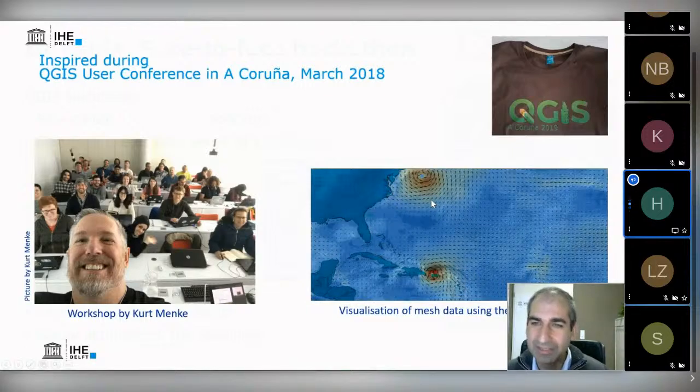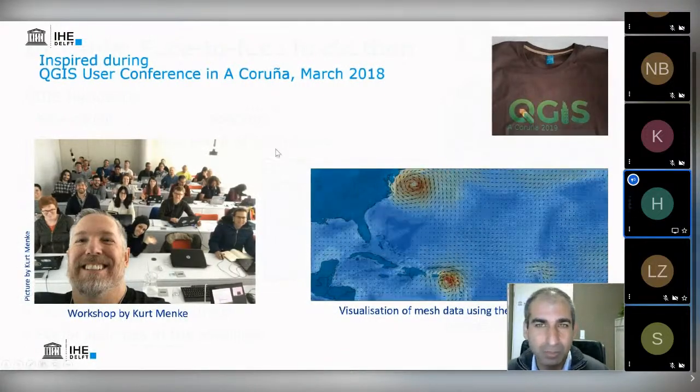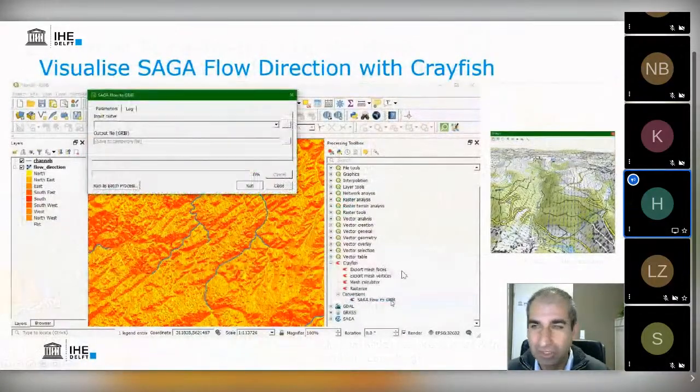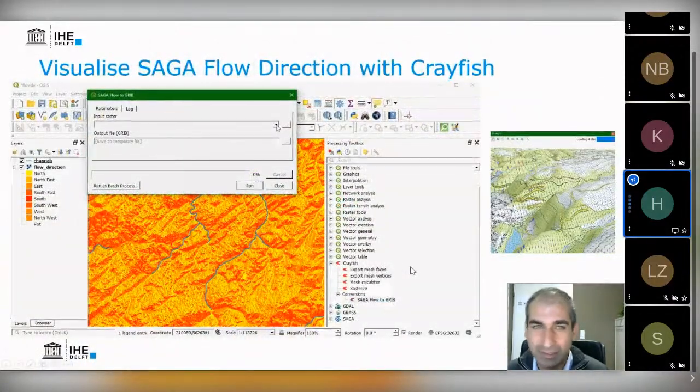And if this already exists, then probably that's not a big step because it uses the Crayfish plugin made by Lutra Consulting. And during that Hackfest, I met the programmers of the Crayfish plugin, Radek and Peter, and they were happy to help me further with that idea to make a kind of conversion tool where we can style the flow direction from SAGA with these arrows, and that's what you see here.